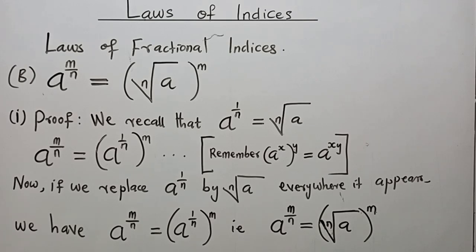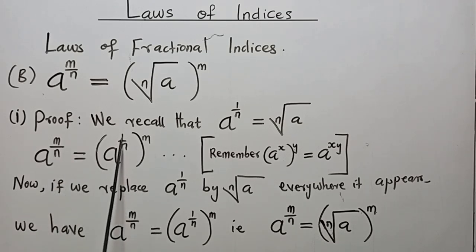What it means is that this can replace this, and this can replace this where necessary. In this case, we want to replace this with this. That is why we say, now if we replace a to the power 1 over n by nth root of a, everywhere it appears, what we have is what? That a to the power m over n, see it here, is equal to, see it's equal to here.